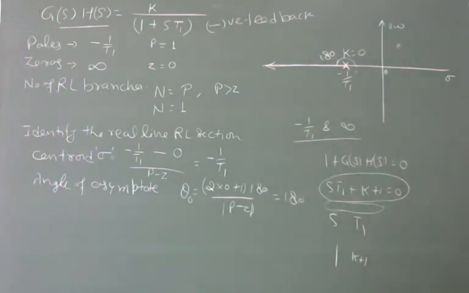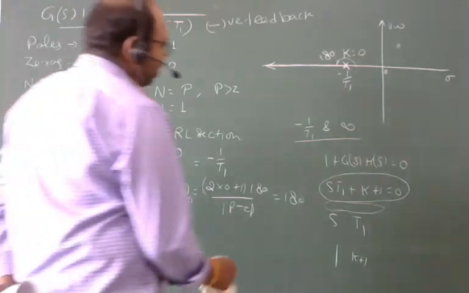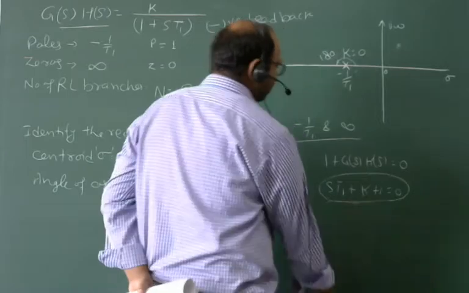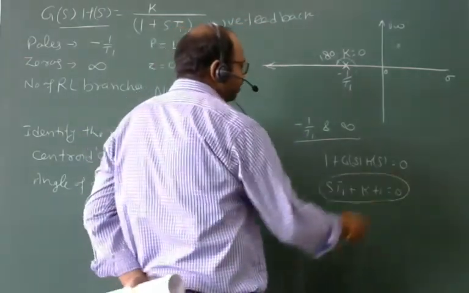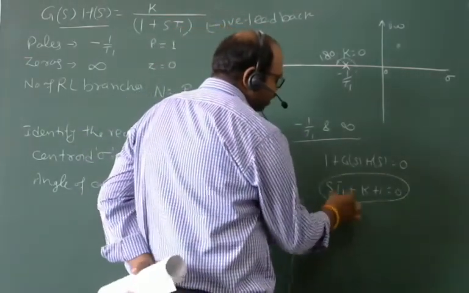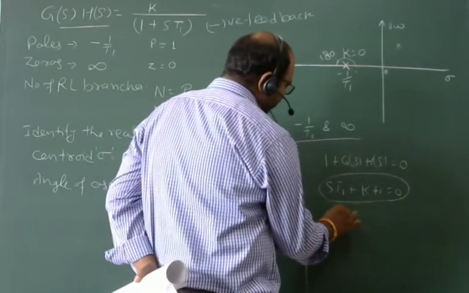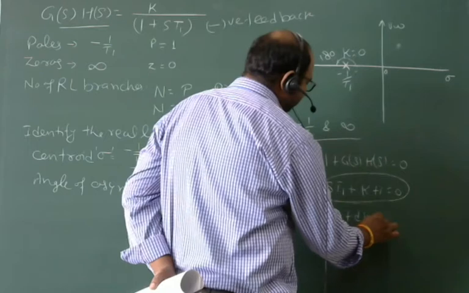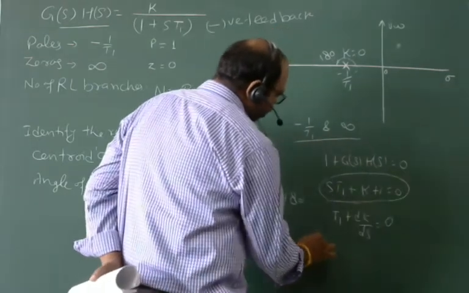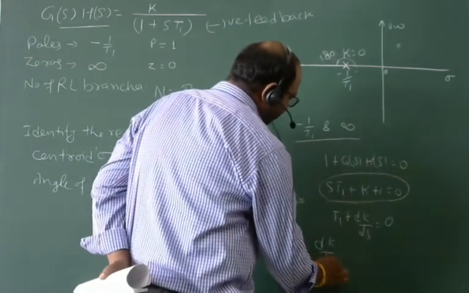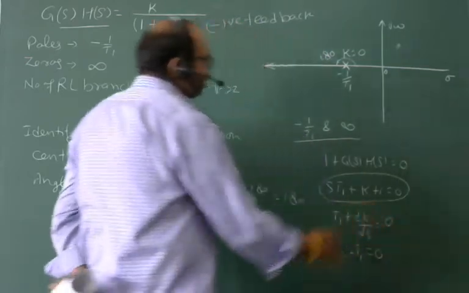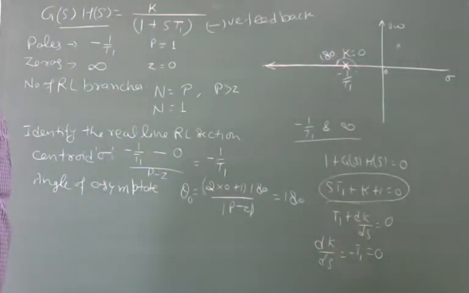Now next is to compute dk by ds. So differentiate this with respect to s. So I'll have T1 plus dk by ds equal to 0, or dk by ds is equal to minus T1, which is a constant. Here no s is present.